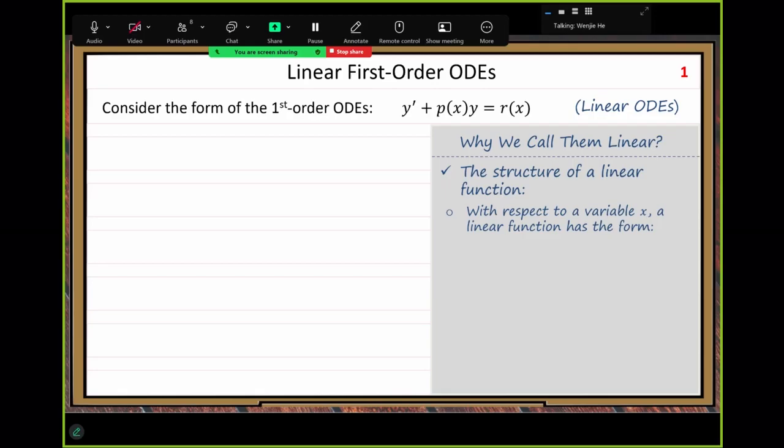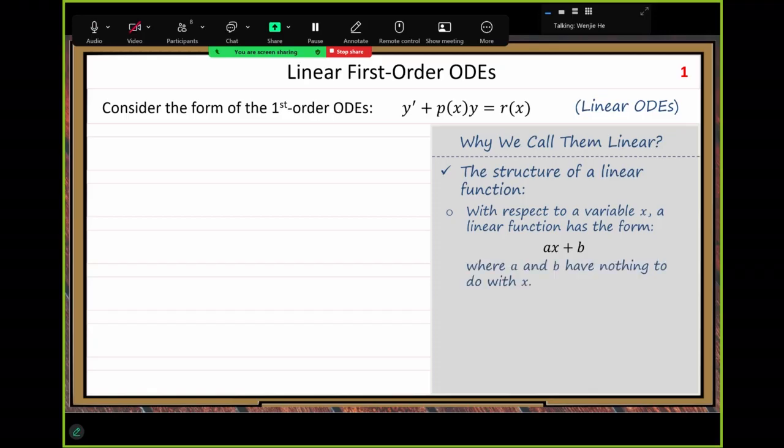First, let's look at the definition of a linear function. With respect to a variable x, a linear function has the form: if we treat x as a variable, and a and b as two constants, then ax plus b is a linear form, a typical linear form.